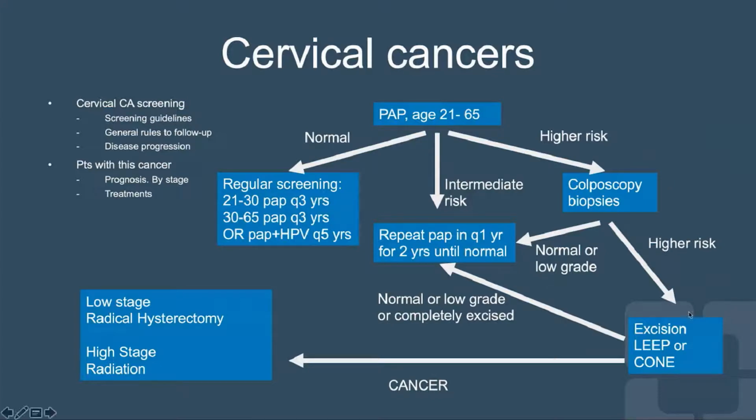If it remains high risk after the colposcopy, we usually recommend an excision, a loop electrosurgical excisional procedure, or a cone. And if we determine that there is a cancer, we'll look at hysterectomy, or if it's a higher stage, spread beyond the cervix is generally how we determine that, radiation is the answer.